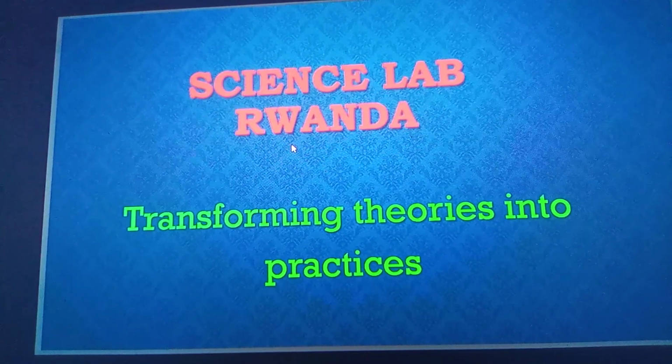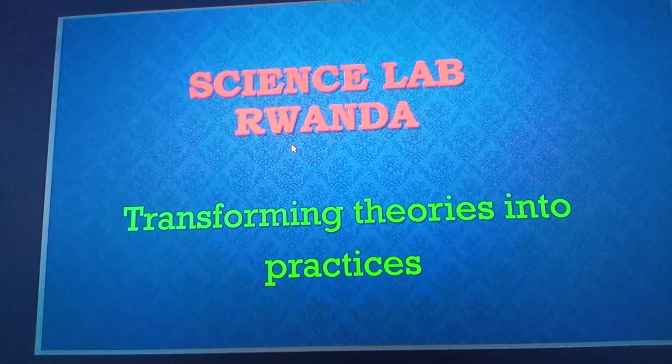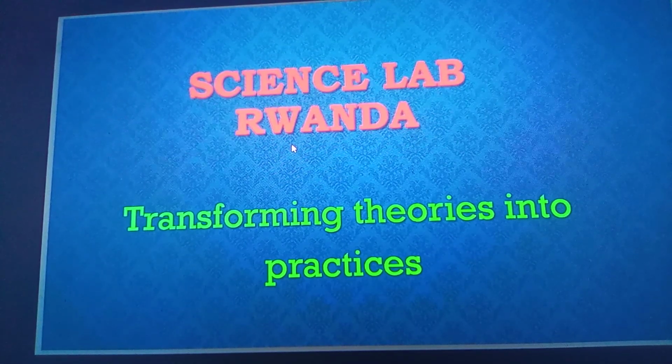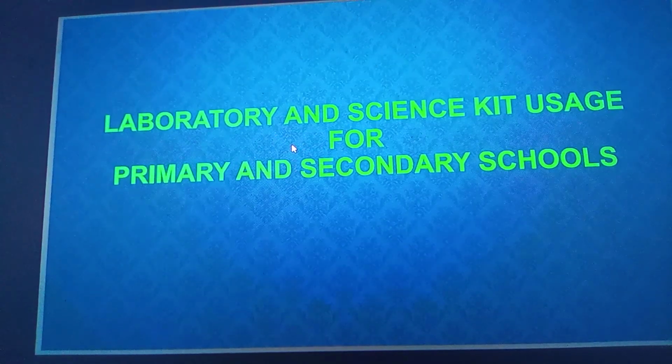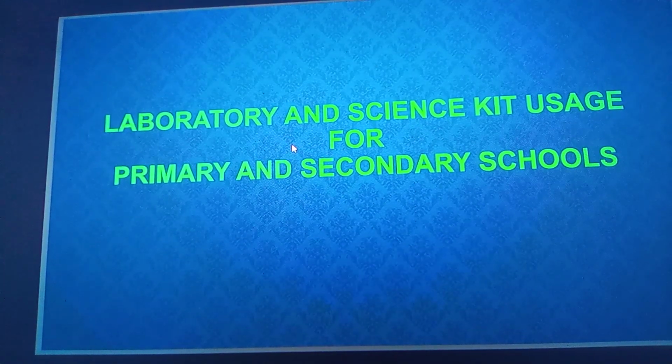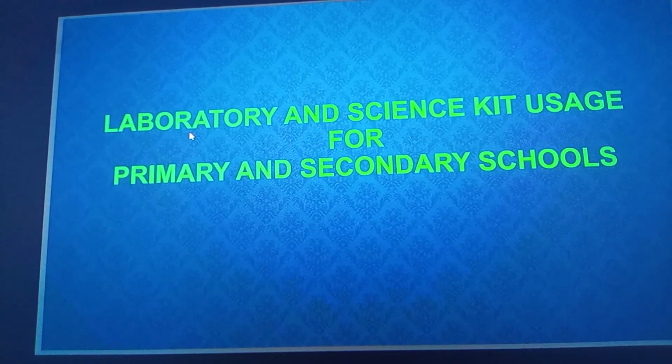Yes, of course, we shall use the materials which are available in our location. So you are welcome in this episode. We are continuing seeing laboratory and science kit usage for primary and secondary schools.